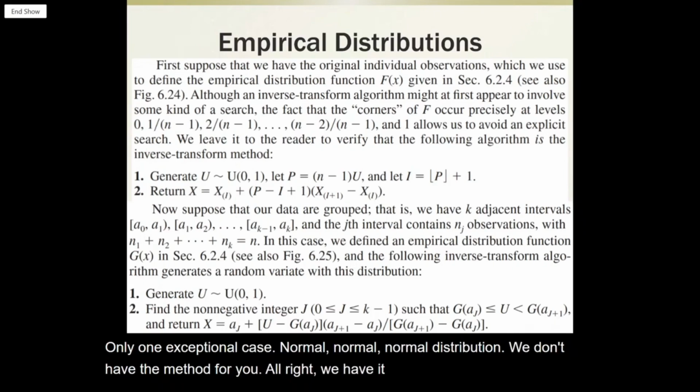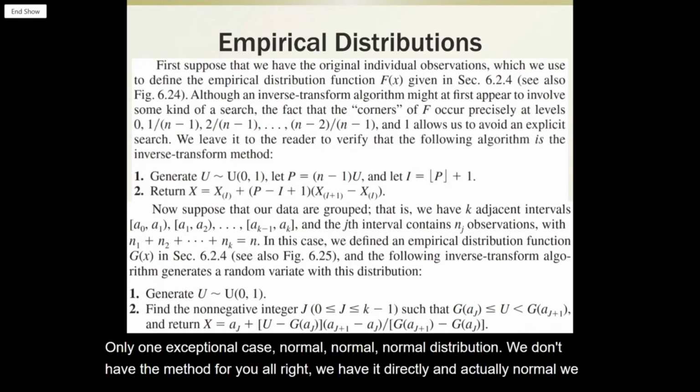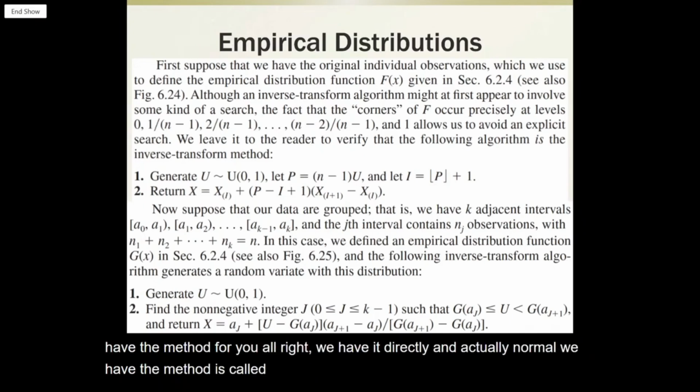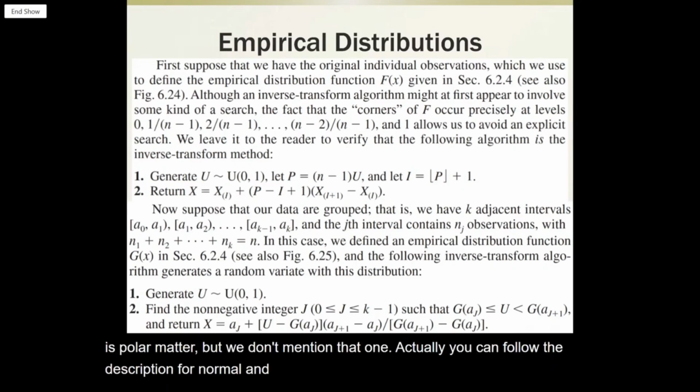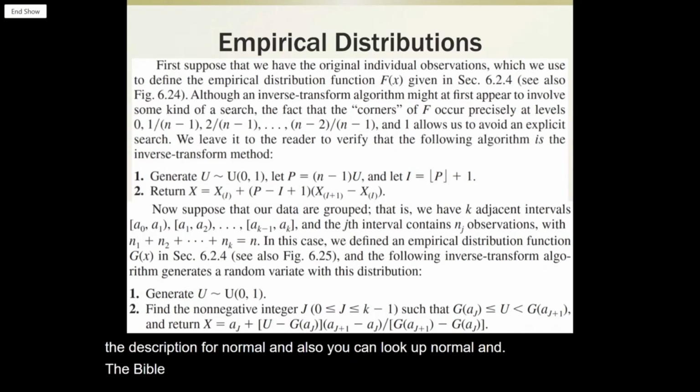And actually, normal, we have the method, it's called the polar method. The way to generate the normal is polar method, but we don't mention that one. Actually, you can follow the description for normal, and also you can look up normal random variable generation. Then you can find the method on the internet.